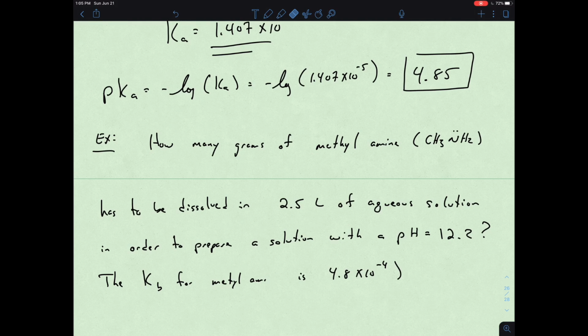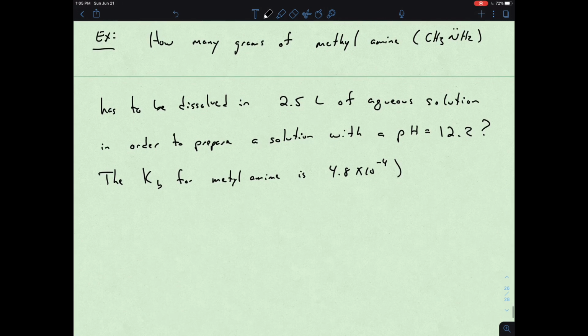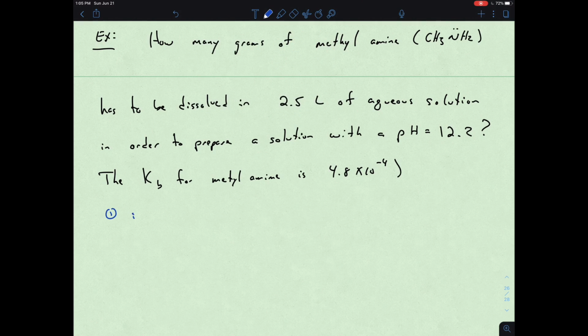So there's our question. We want to figure out basically initial conditions. How many grams of methylamine do I have to dissolve in 2.5 liters of solution to prepare the solution with a pH of 12.2? So we can keep reinforcing our methodology, right?